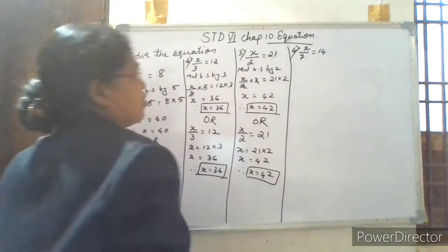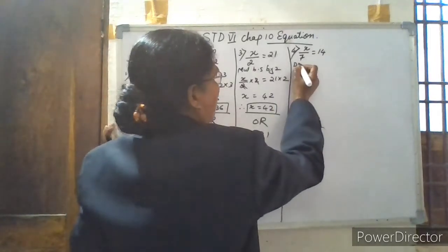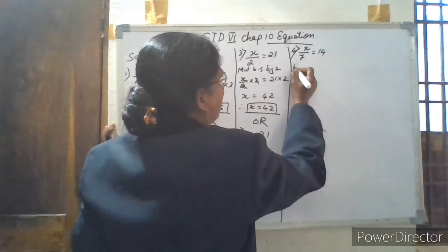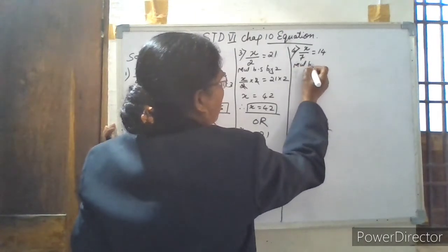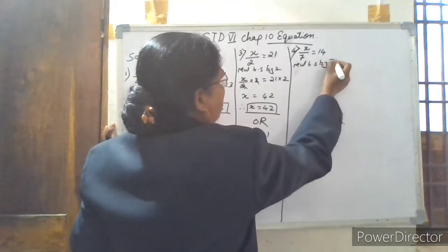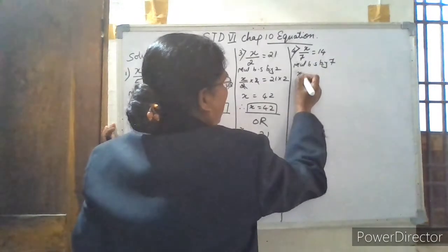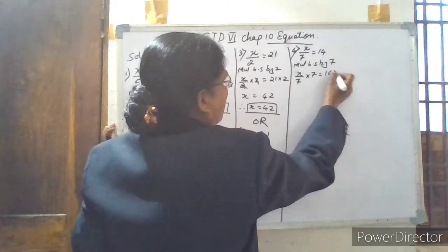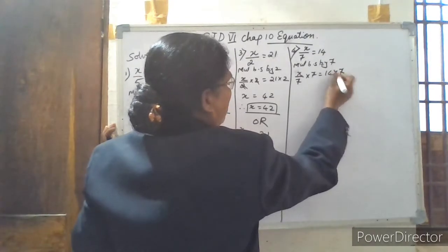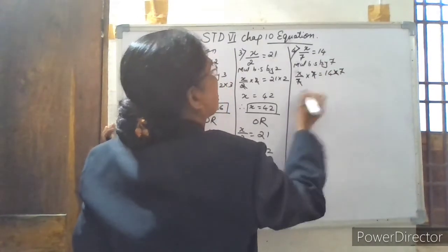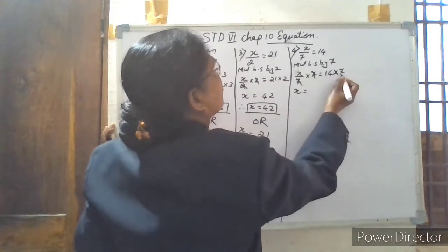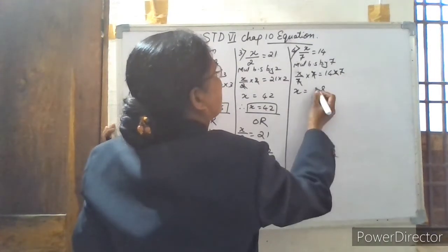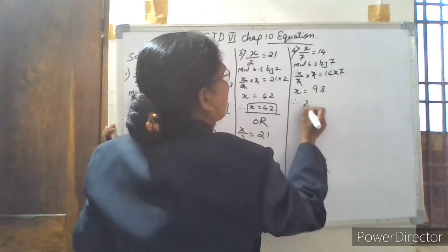So divide both the sides, sorry, it is divided, so therefore multiply both the sides by 7. x by 7 multiplied by 7 equal to 14 into 7. 7 gets cancelled. x is equal to 14 into 7. 4 sevens are 28. Carry 2. 1 seven is 7, 7 plus 2 is 9. Therefore x is equal to 98.